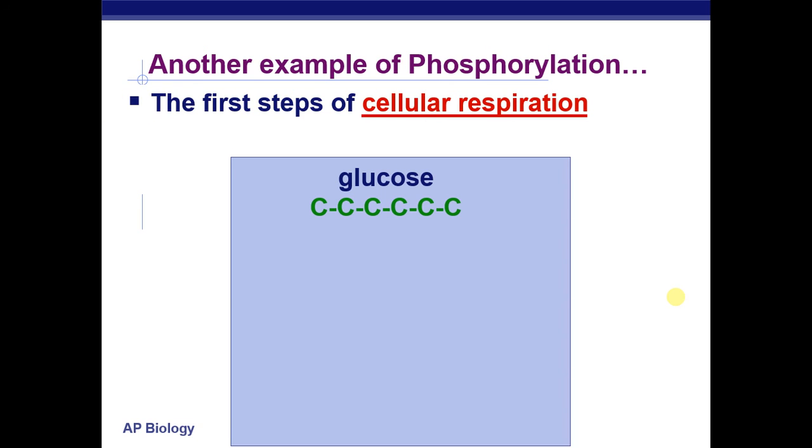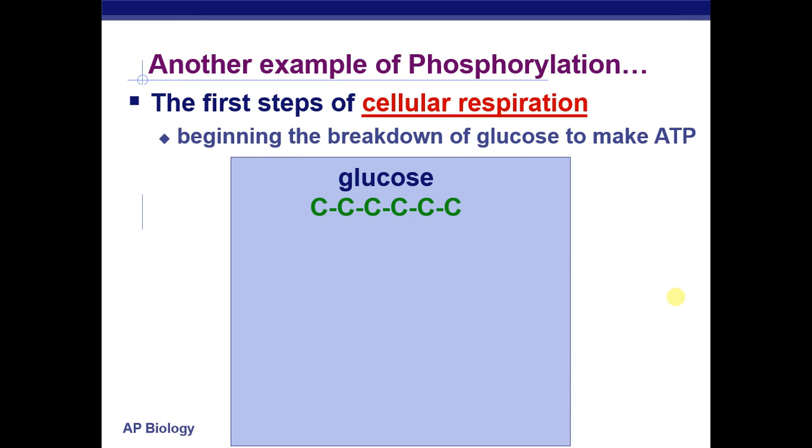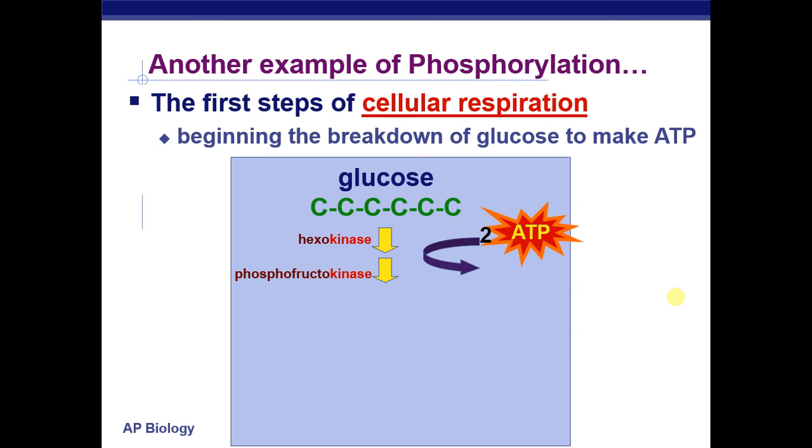Another example that we're going to talk about next week is the first step of cellular respiration, where we're beginning to break down glucose to make ATP. Now, kind of counterproductively, you might think, to make some ATP, we actually have to invest a little to start out with, just like that idea of activation energy.